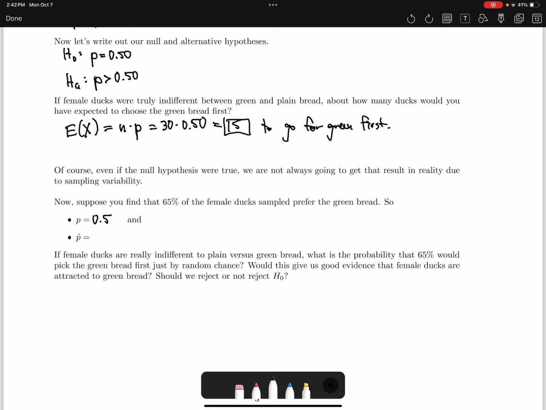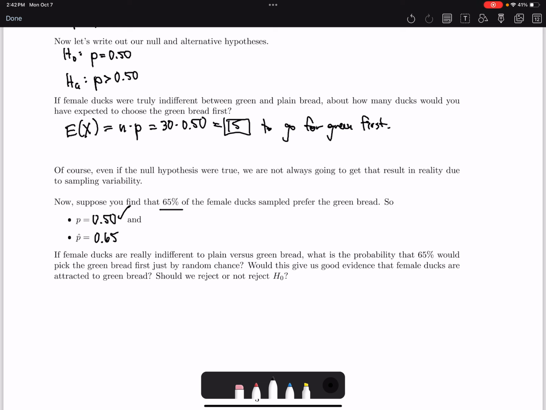But our sample proportion is 65%, which is quite a bit more than 50%. If female ducks are really indifferent to plain bread versus green bread, which is what we're saying here, what is the probability that 65% would pick the green bread first just by random chance?